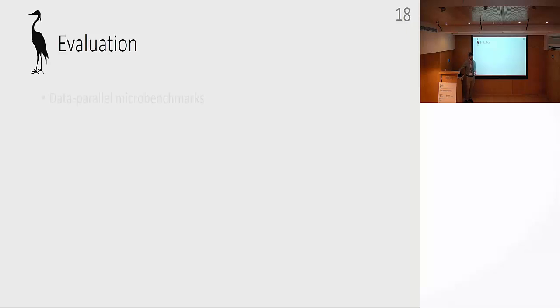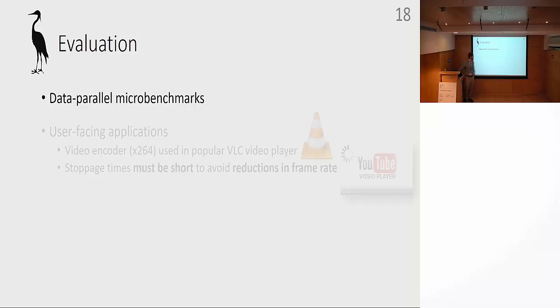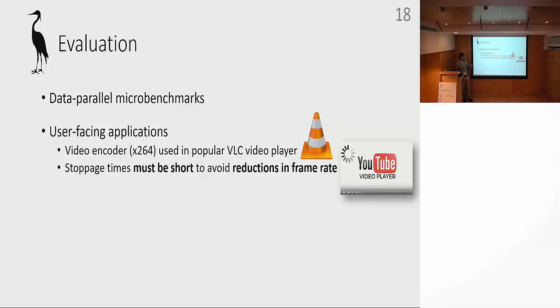Okay, so let's look at the evaluation. First we look at some data parallel and micro benchmarks. These are common algorithms that you would find in any OpenCL programming. Then there are two categories of GPGPU programs you care about. There are user-facing applications, such as the video encoder, where you care the most about the stoppage time that you incur before and after migration, because you don't want to reduce the frame rate too much.